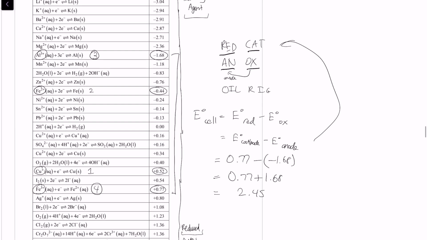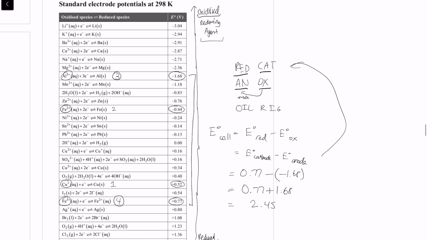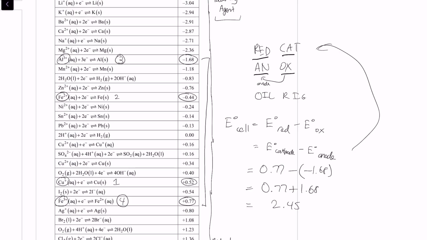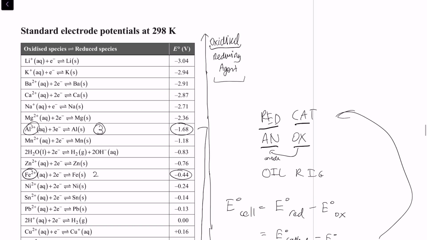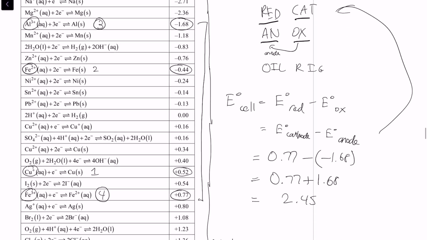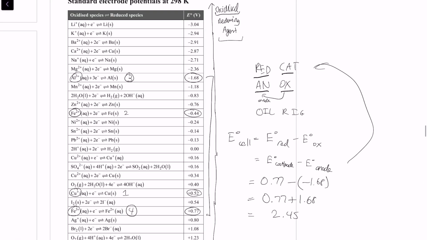So if you want to check yourself, but I guess the easiest way to go about this is looking at the table visually and seeing what's the greater distance, because the E naught values go up from the smallest negative value to the largest positive value from top to bottom.